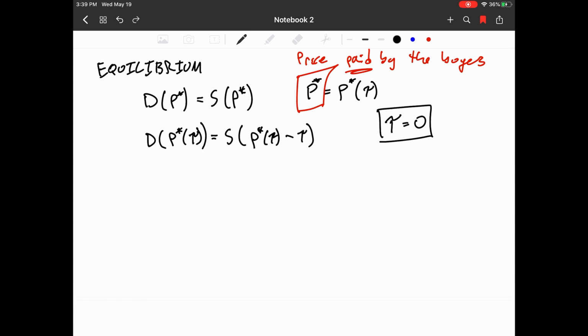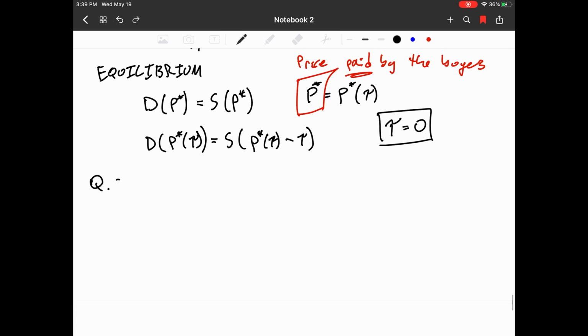And we'll do it in a way that proves that the burden of tax on buyers will depend on the shape of the supply and the demand curves. So the question here, I'll write this out as a question: what is the derivative of P star with respect to tau? That's our big question.